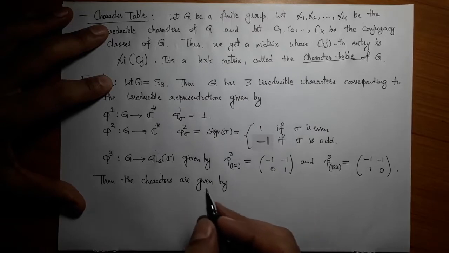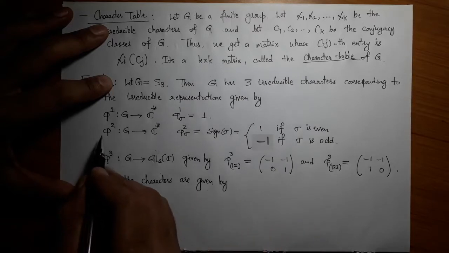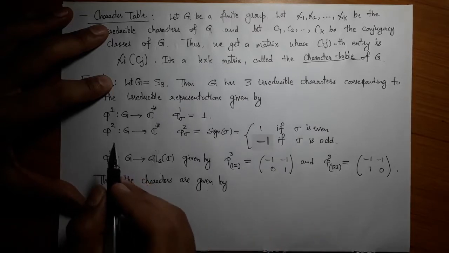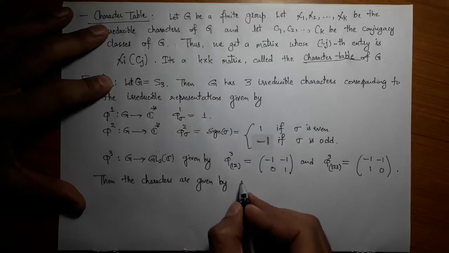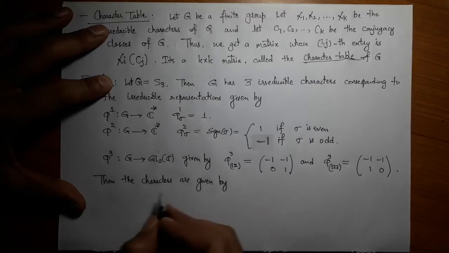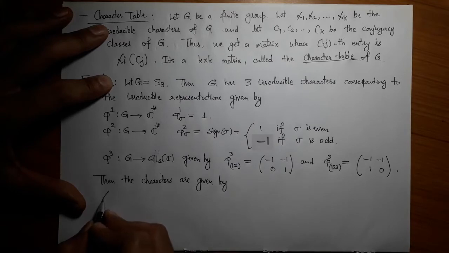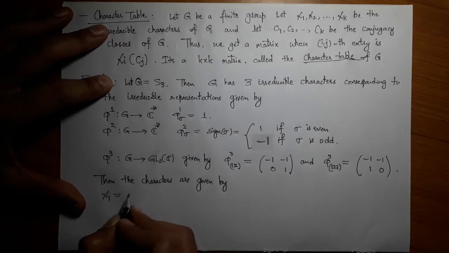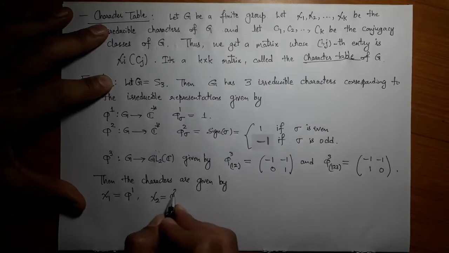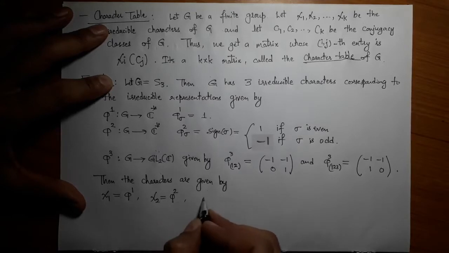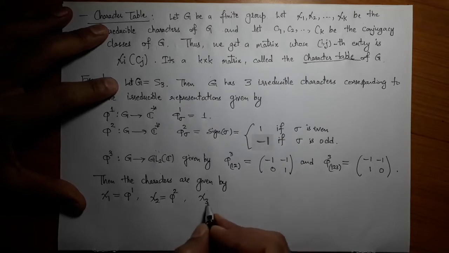For simplicity I will denote the character of phi superscript i simply by chi subscript i. Chi 1 is just the same as phi 1, one dimensional. Chi 2 is just the same as phi 2 because they are one dimensional, and of course chi 3 you can write down.